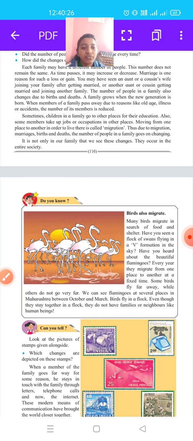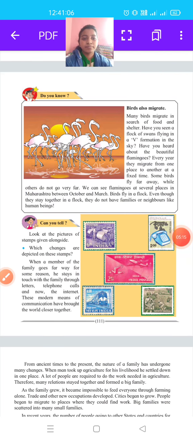Birds fly in a flock. Even though they stay together in a flock, they do not have families or neighbors like human beings. So what is there? Birds also migrate, which means birds also move from one place to another in search of food or shelter. Have you seen flamingos?